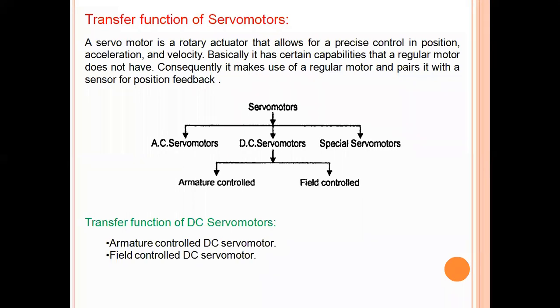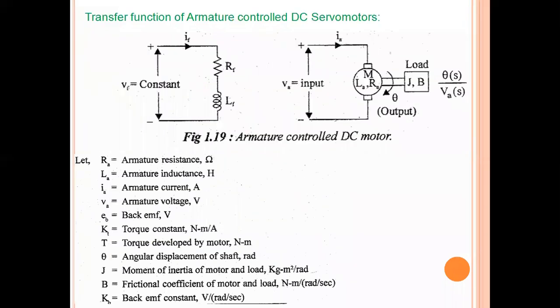So in today's class, we will see how to find the transfer function of a DC servo motor, particularly for our first type, which is armature controlled DC servo motor. And in the next class, we will complete with field control. And coming to the first one, which is the transfer function of armature controlled servo motors.